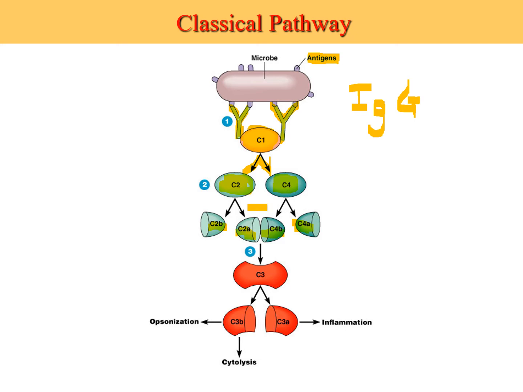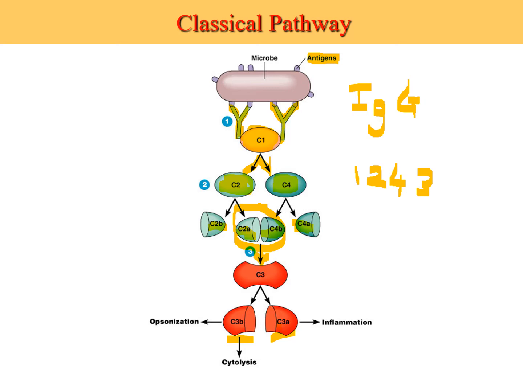And these two together will activate C3. So the sequence of events so far is C1 followed by 2 and 4 acting on 3. And C3 splits into C3A and C3B.